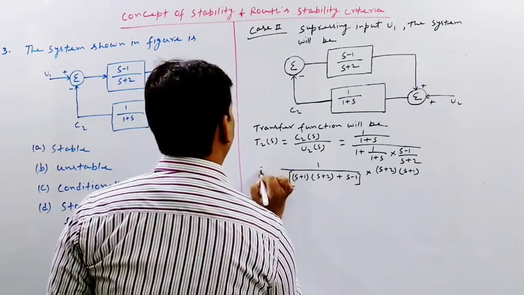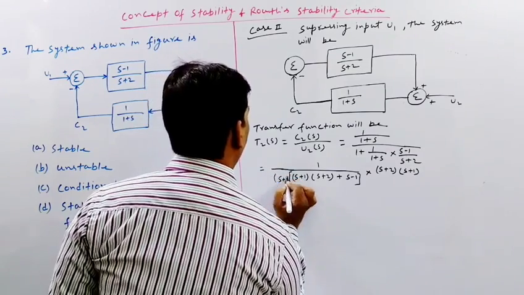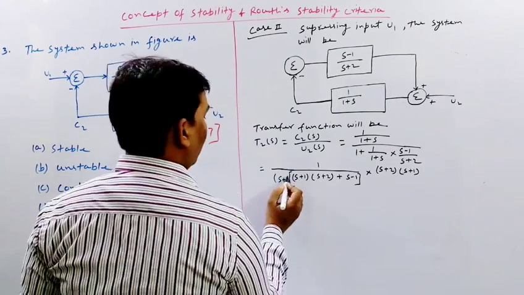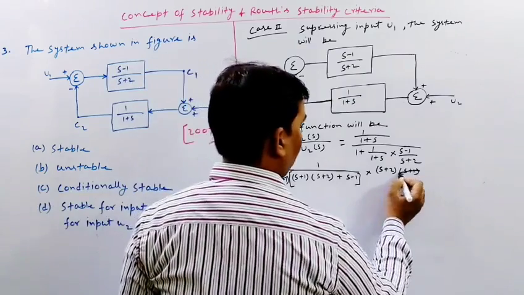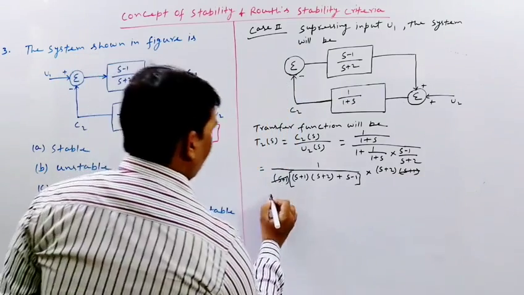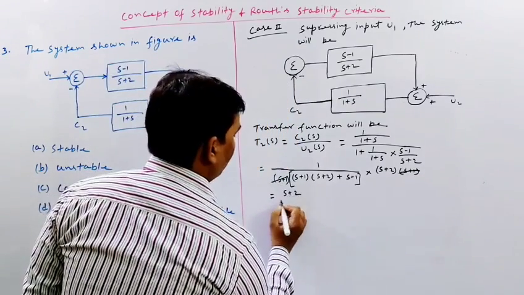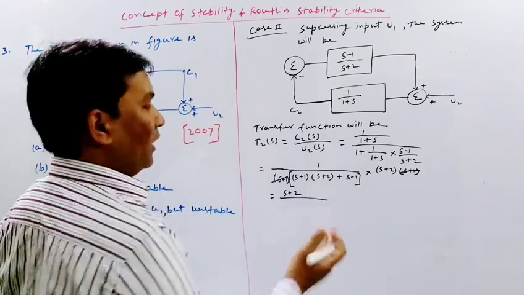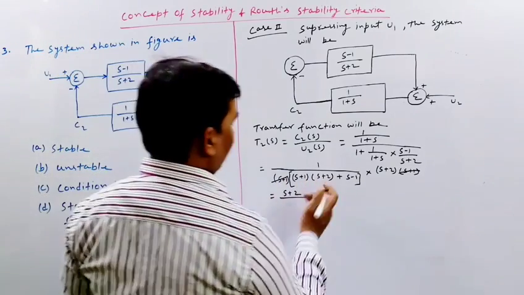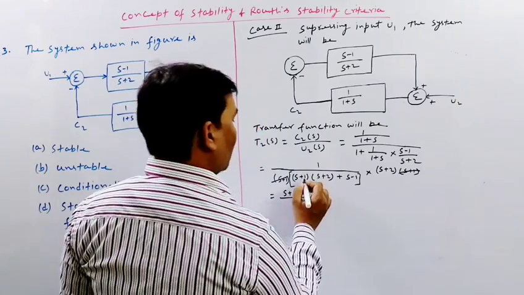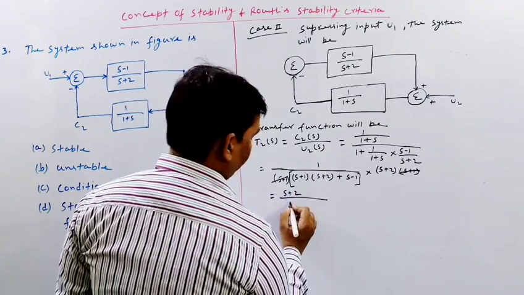So this s plus 1 will cancel out this s plus 1. So now s plus 2 divided by the same thing as it was earlier, s square plus 3s plus 1.